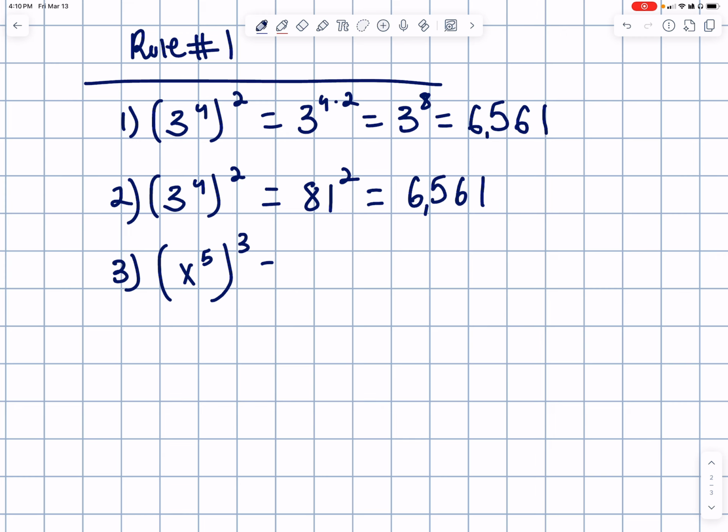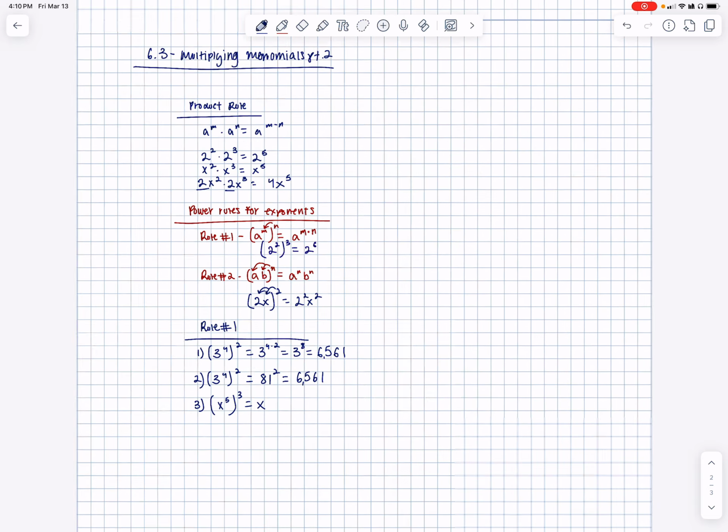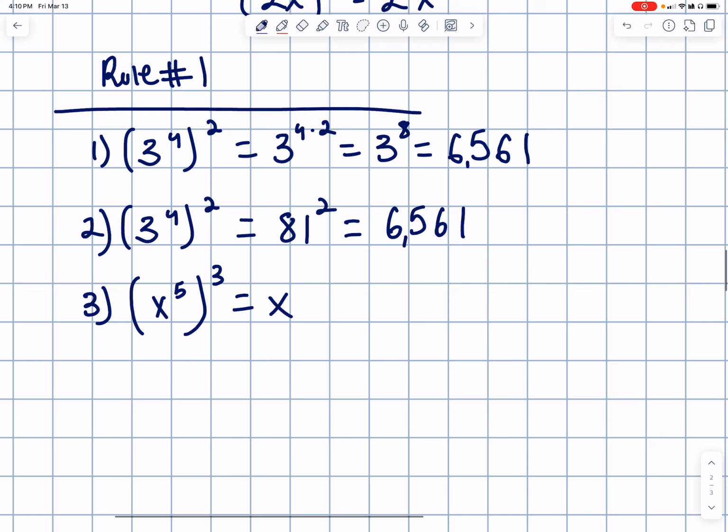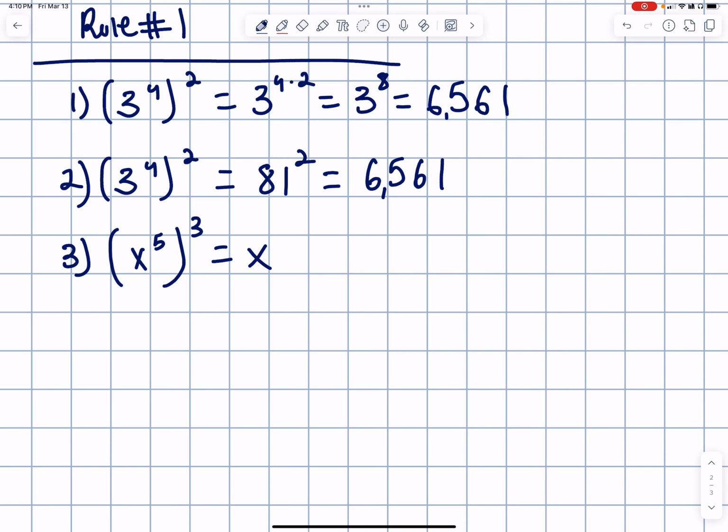Again, we're only dealing with one base here, so that base is going to carry over. 3 times 5, because that's where I got those numbers. What's 3 times 5? 15. Good job. x to the 15th power. That's your answer.